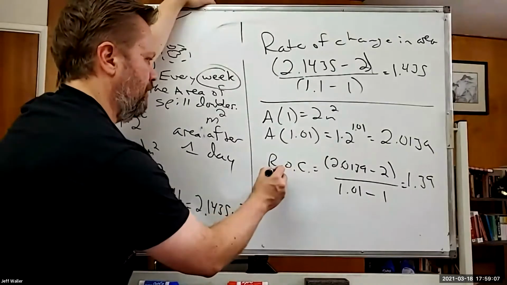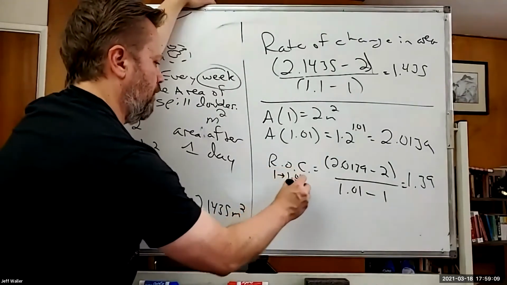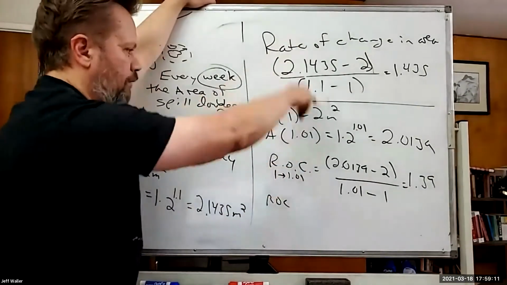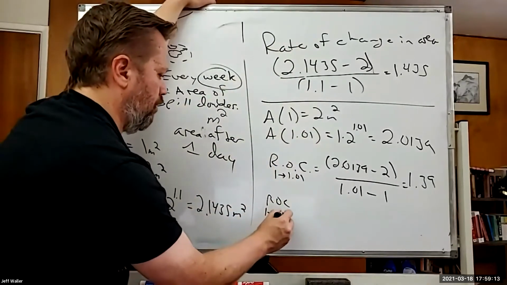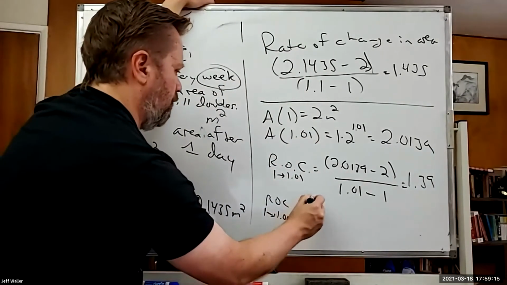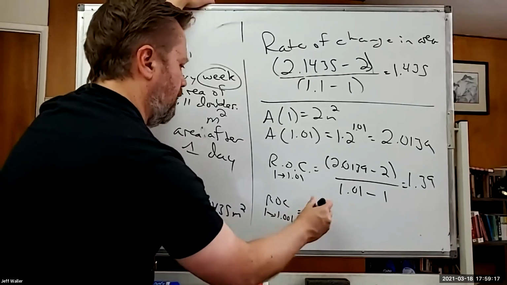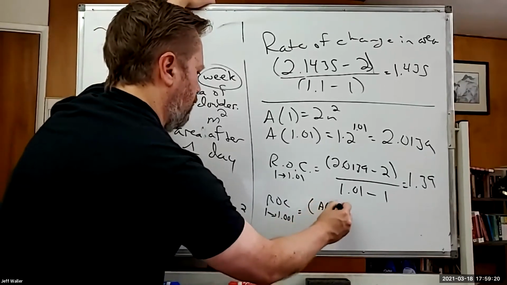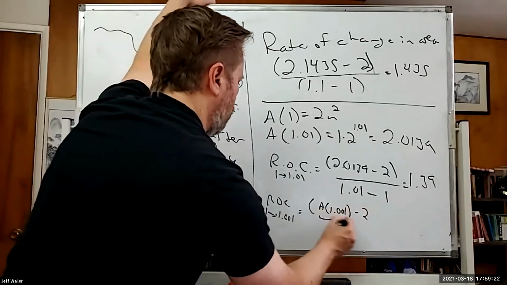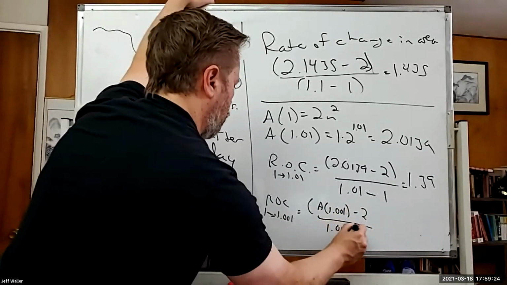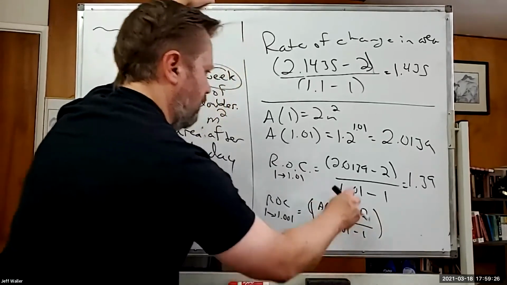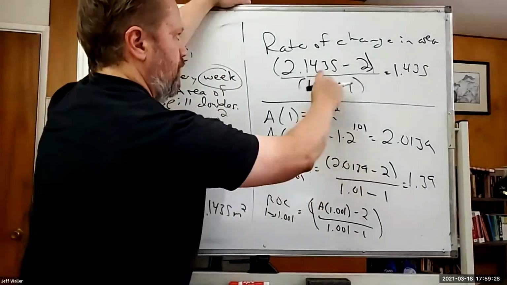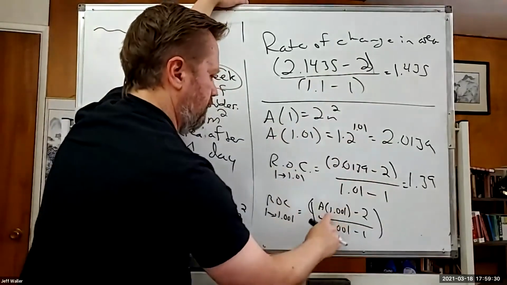This is from 1 to 1.01. Now watch this. Can't I do 1 to 1.001 a little bit quicker now? Wouldn't that be the area at 1.001 minus 2, divided by 1.001 minus 1? Is that cool? Doing the same thing here, here, and here.